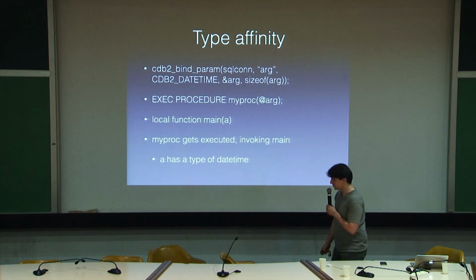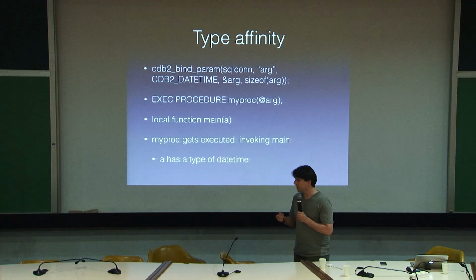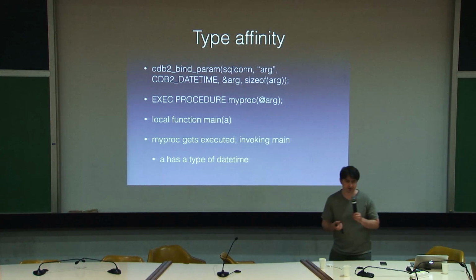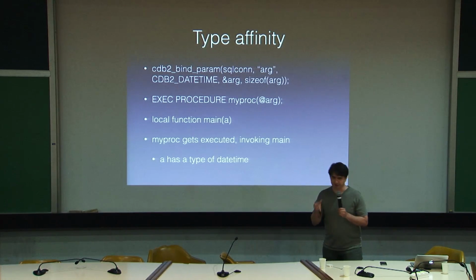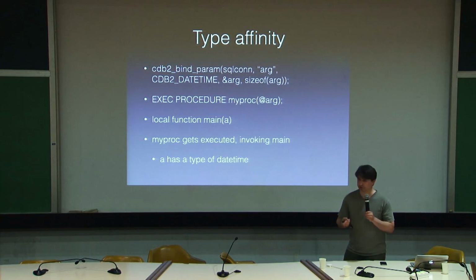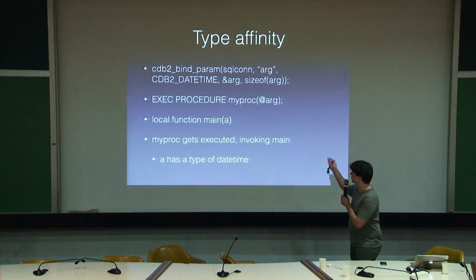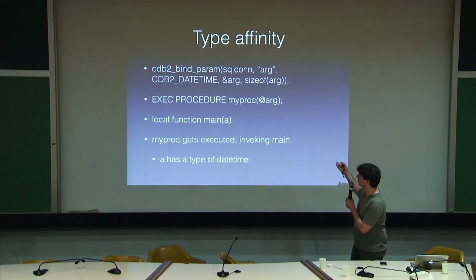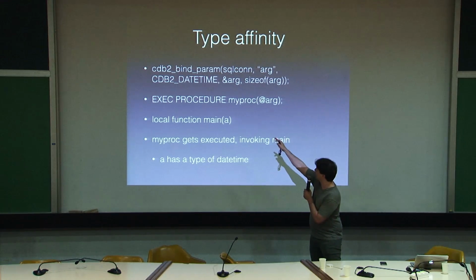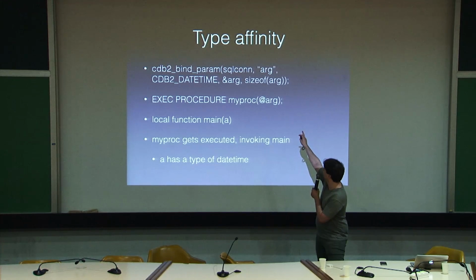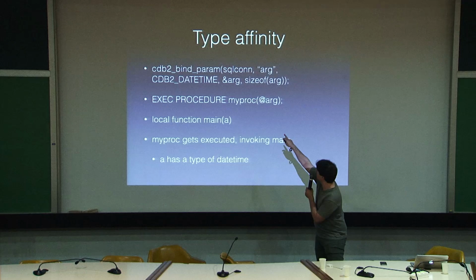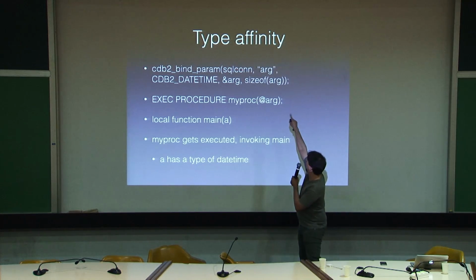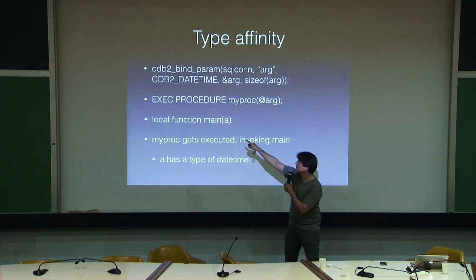We then started working on basically notions of type affinity. The fact that these variables will have types and they can percolate between various layers with their types intact. For example, this isn't exactly a working program, but you can see this is a piece of C code here that's going to bind a variable. There's a variable called arg in my address space, and that's the address of it. I'm going to say the string is arg, and then I can run a procedure, exec procedure.